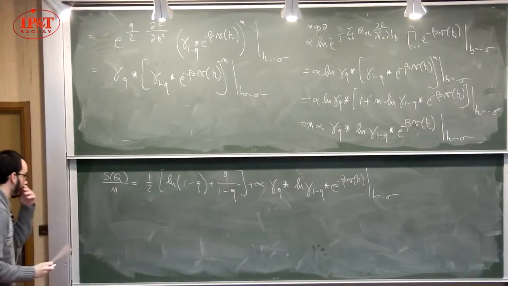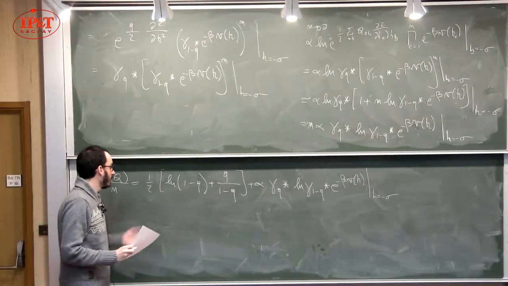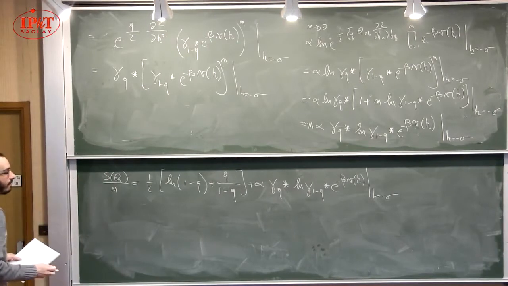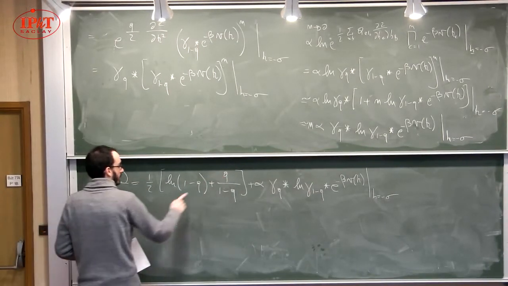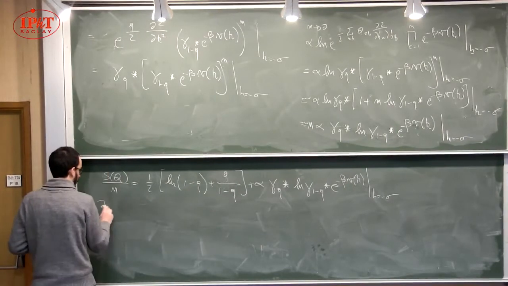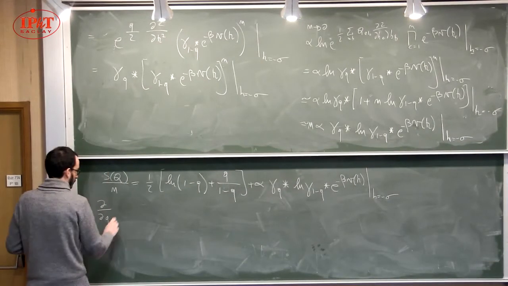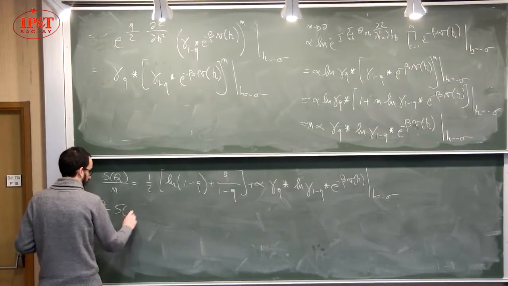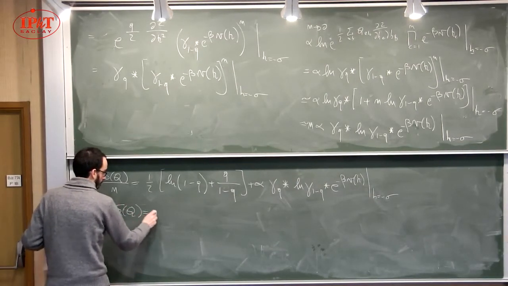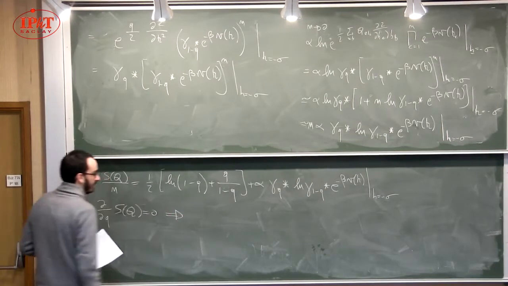Okay, so this is simple enough to take the variational equation with respect to Q. So if you take the saddle point with respect to Q, then you get the saddle point equation.